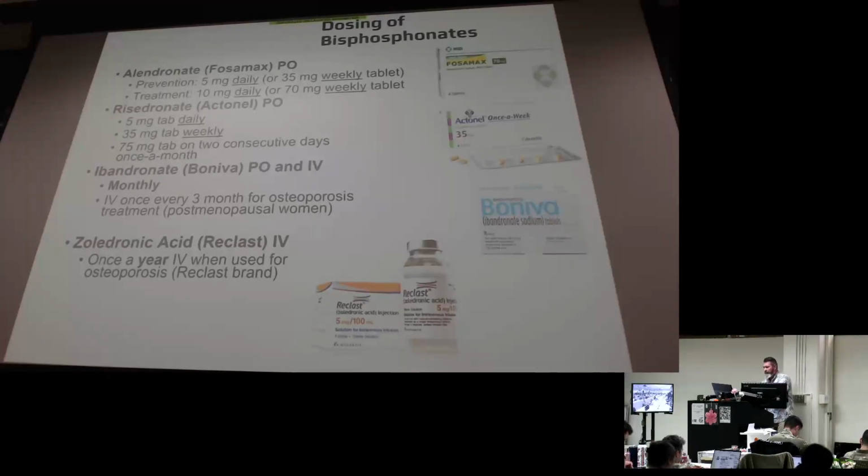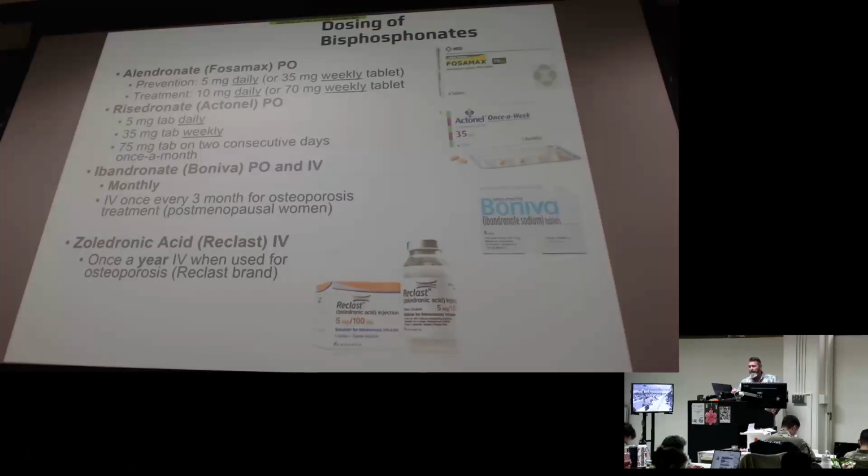Like I said, in here, I don't need you to know the dosing for the bisphosphonates. Do know that the zoledronic acid, right, the one with a different name that's IV, is once a year IV. So unlike the bisphosphonates, there are lots of options depending on which one you choose.